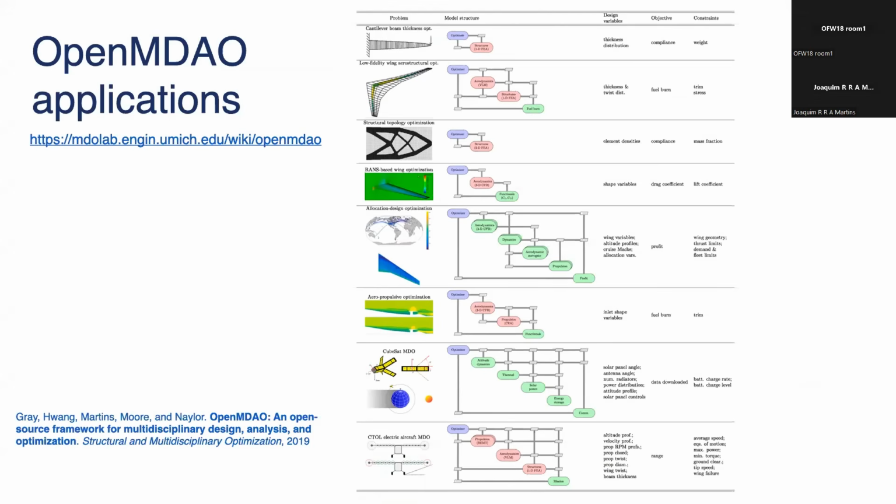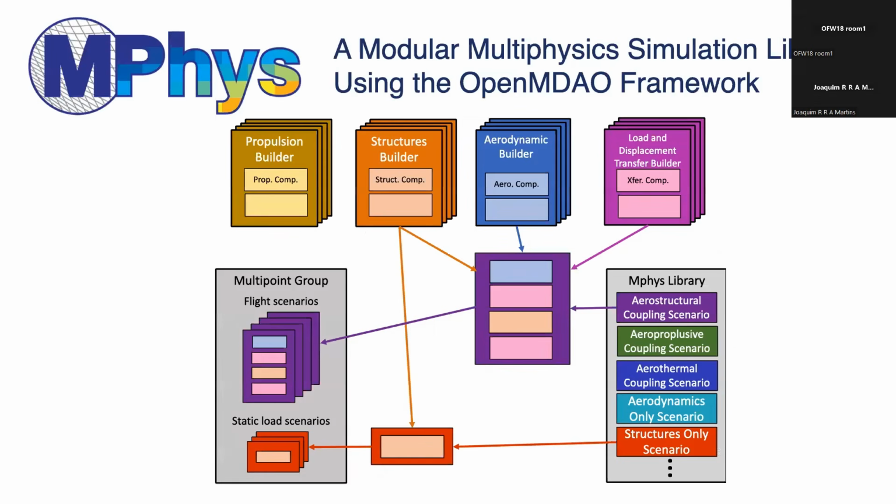Now, OpenMDAO in that form was not enough for CFD-based optimizations or even any structural finite element code, because it was not enough to handle high fidelity codes, so PDE solutions. And so in an effort with NASA, again, we developed MPhys. This is a framework specifically to handle PDE-based solvers, right? And we're now able to do aerodynamic structures, and we're basically closing the loop.